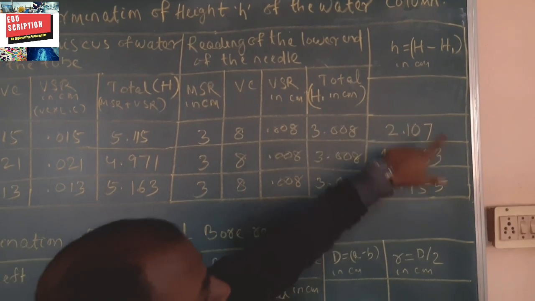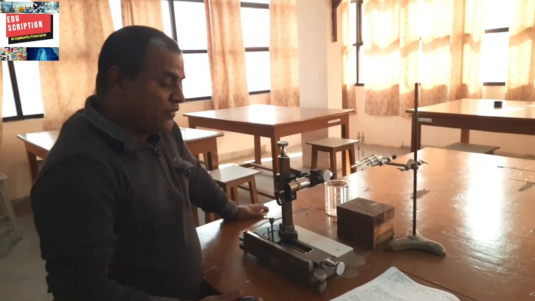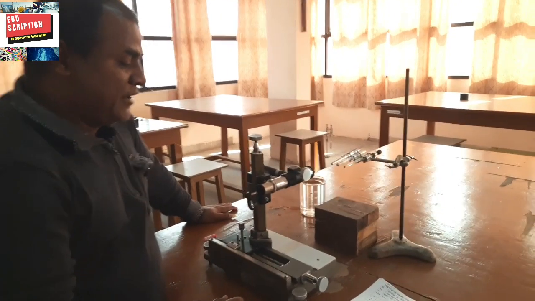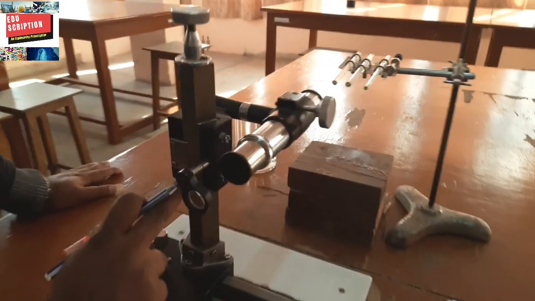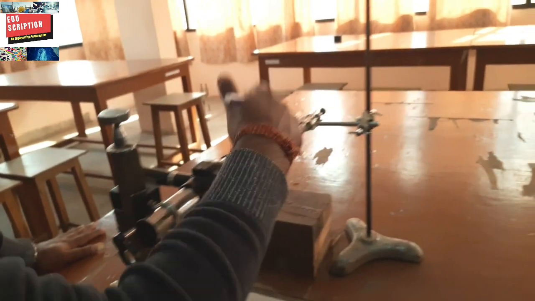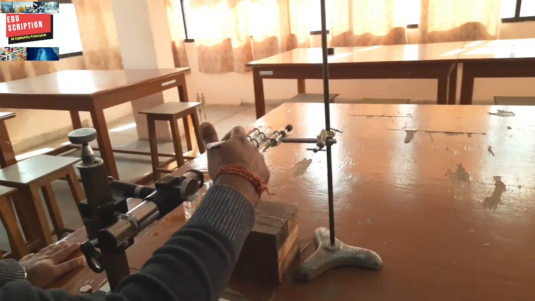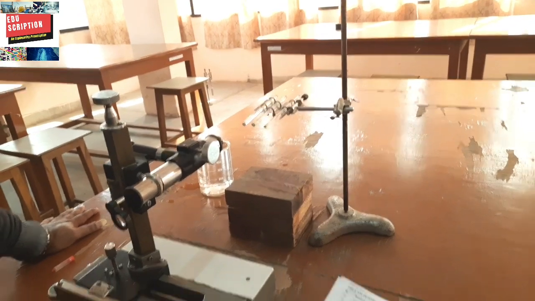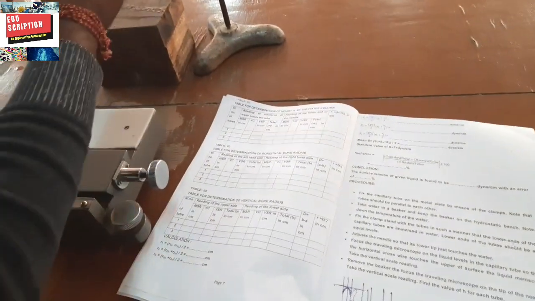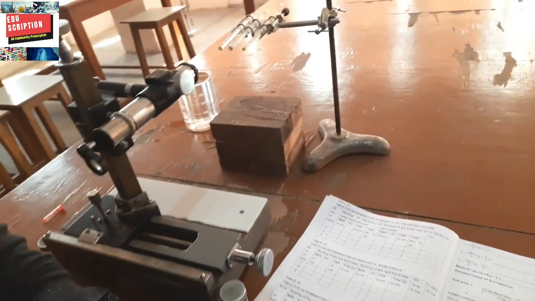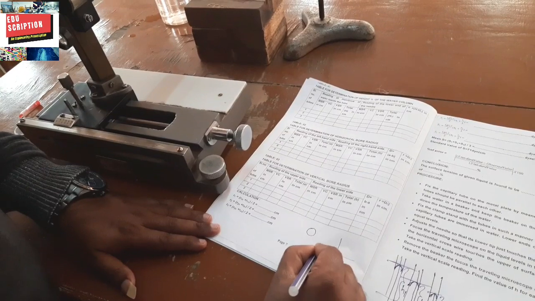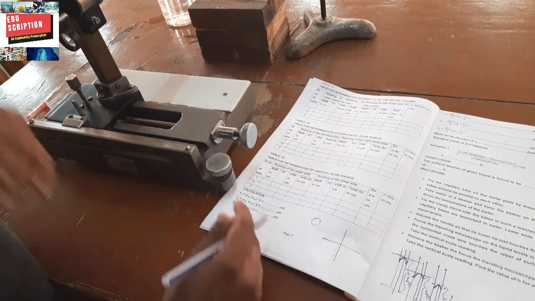Then these are the data. We will go for the radius of the capillary tube. With the help of the horizontal vernier scale and vertical vernier scale, we will find the radius of capillary tubes 1, 2 and 3. See here, first we focus the first capillary tube like this, and the crosswires of this microscope are like this, horizontal crosswire and vertical crosswire.